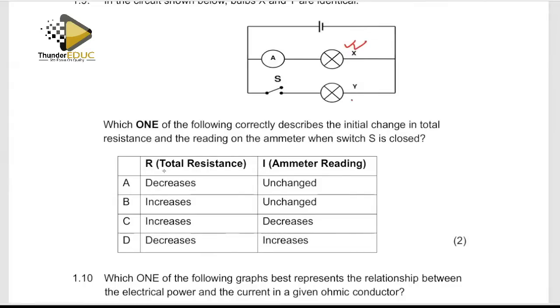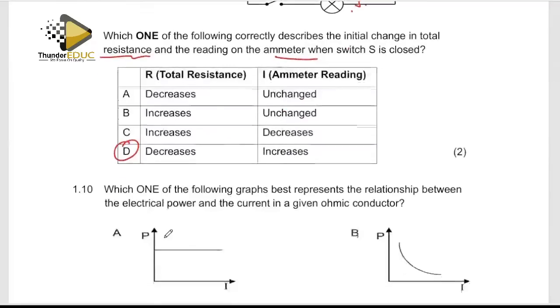So what is going to be the change in the total resistance and the total current? Since the two are in parallel, the resistance must decrease. And then the current must increase because when resistance is small, the current is more. So D is the best option.